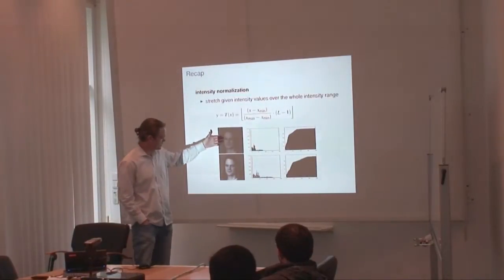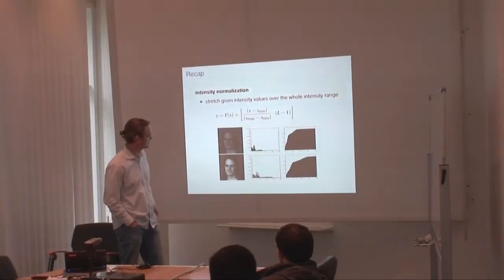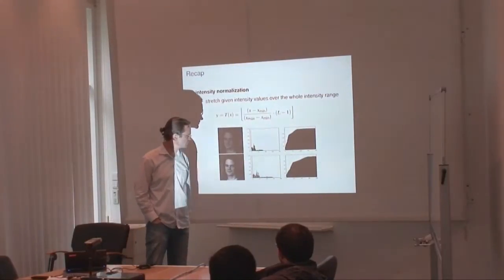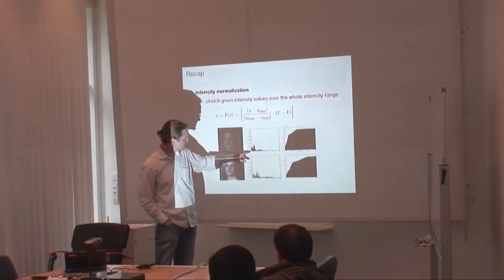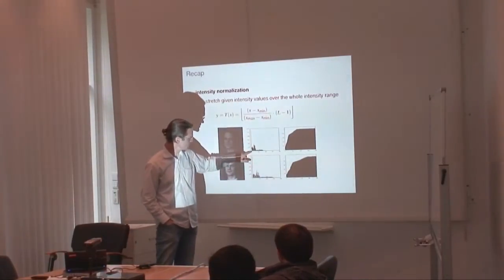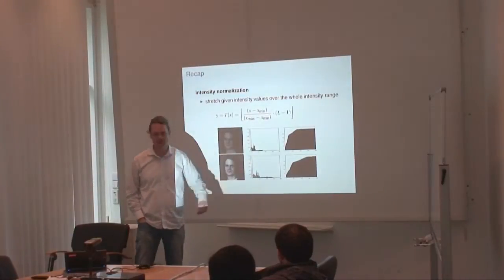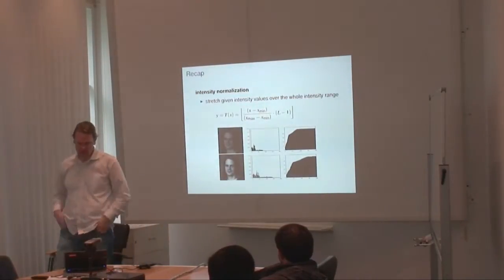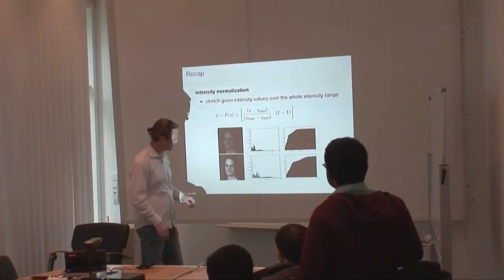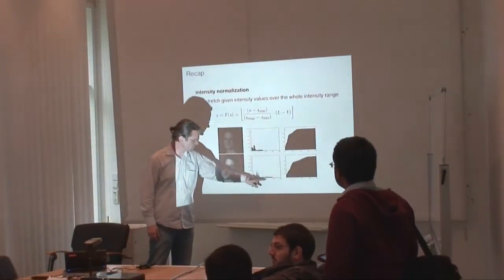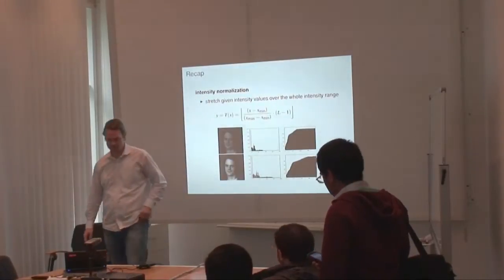Here's the dark image, here's the normalized image, this is the histogram of the dark image. We see that the intensity values reside in a subinterval, say from 0 to something slightly larger than 128. And if we compute this normalization, then all of a sudden they range from 0 all the way to 255.